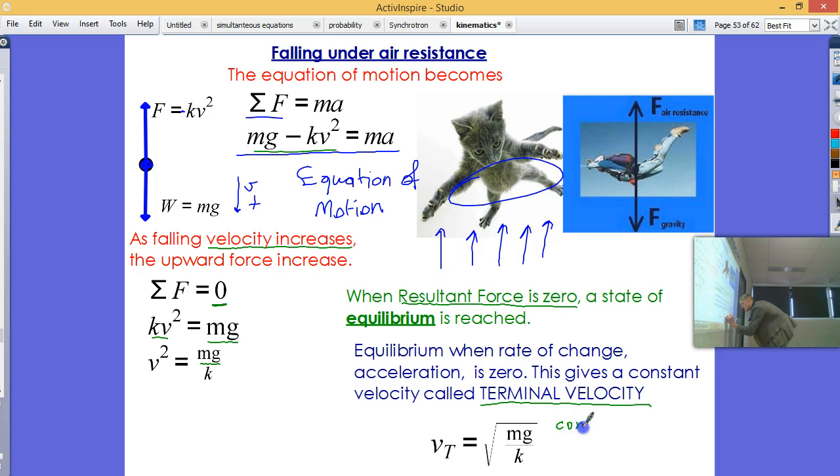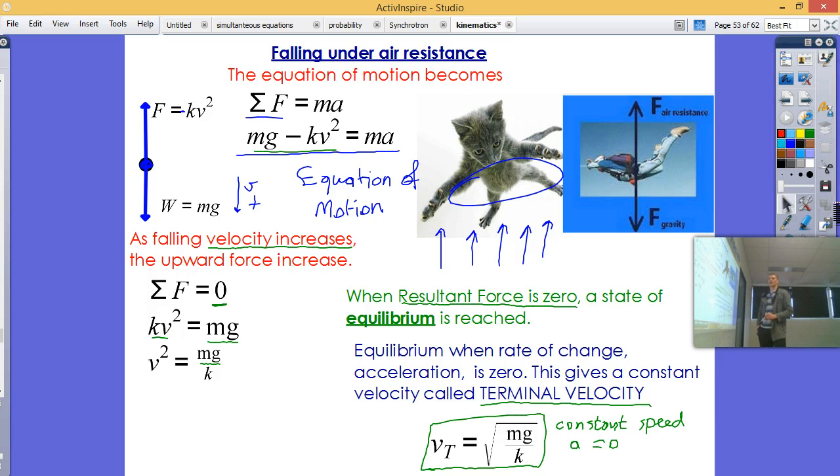It is a constant speed because the acceleration is zero. Okay, and we're going to denote that terminal velocity as v with a little subscript t. We're going to want to try and look for this one as we're doing our working out of our equation.